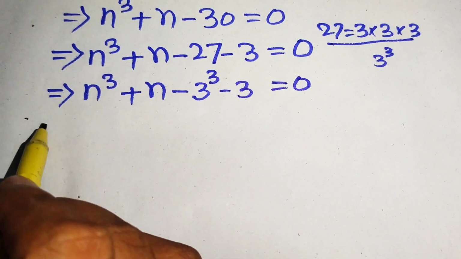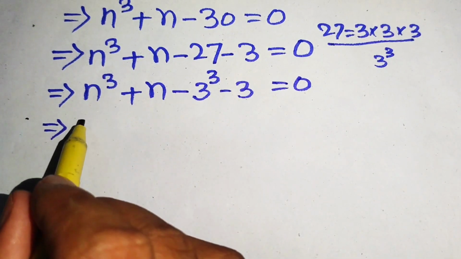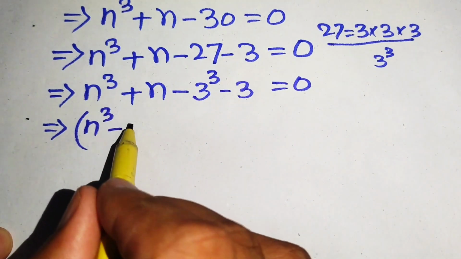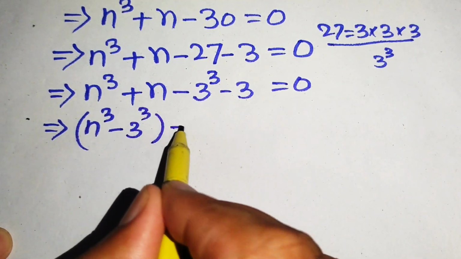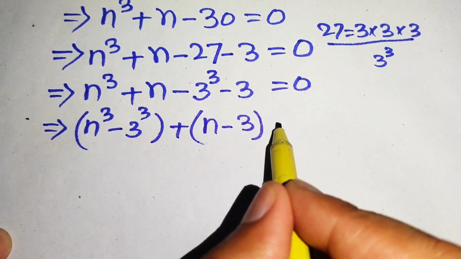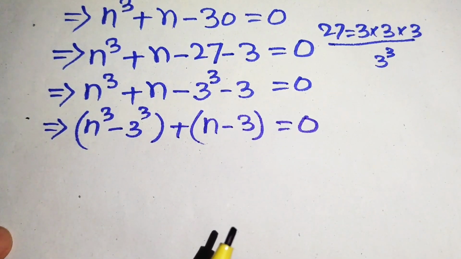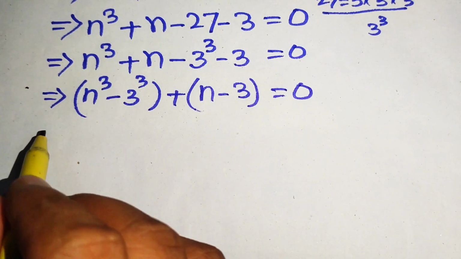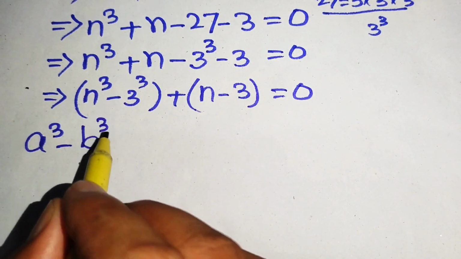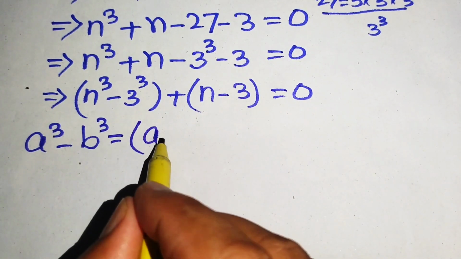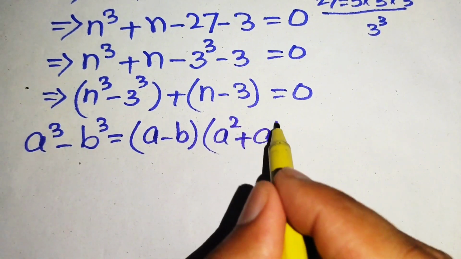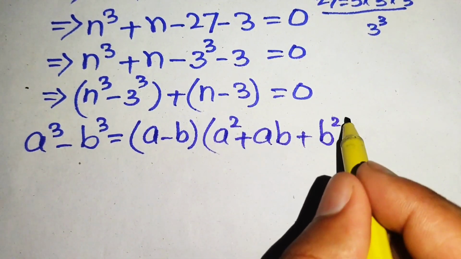After that we make the pair of cubic terms and the simple terms as well. The first cubic term is n cubed, the second cubic term is 3 cubed, and plus we have the term other than cube, n minus 3, equals 0. Here we use the nice cubic formula, and you know this formula: a cubed plus b cubed equals a plus b times a square minus ab plus b square.